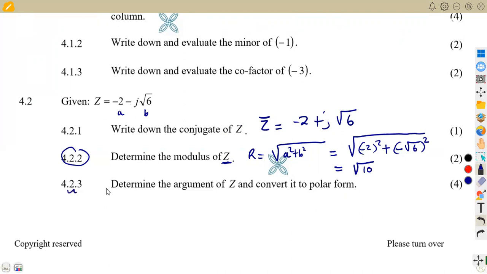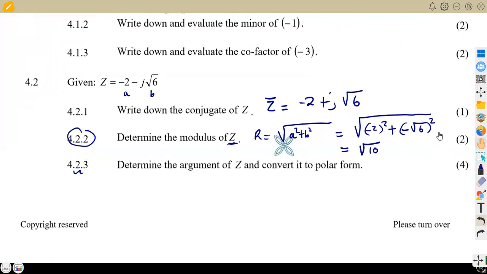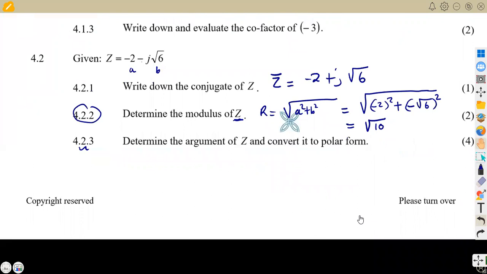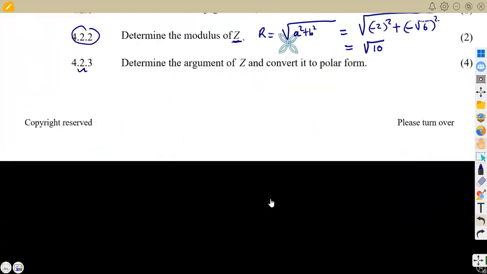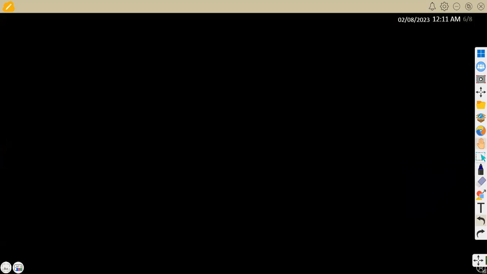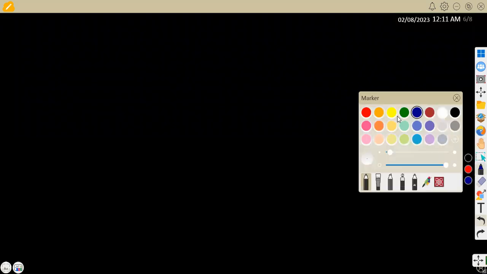Then on 4.23, determine the argument of Z and convert it to polar form. So we need the argument of Z. Take note, for us to have the exact value for the argument of Z, we are supposed to have this indication on an Argand diagram. Okay, so I'm just going to represent this. You're going to understand what I'm trying to say here.